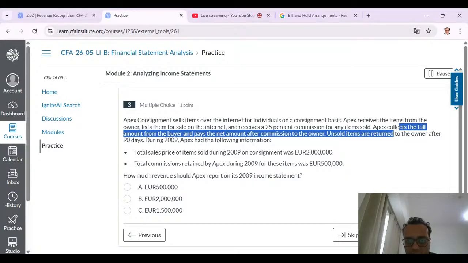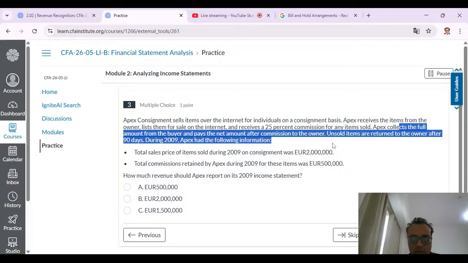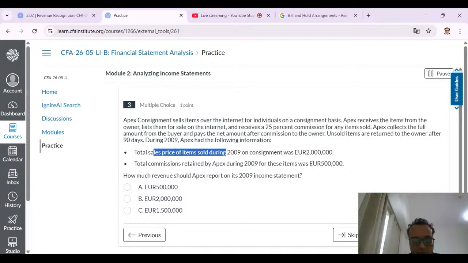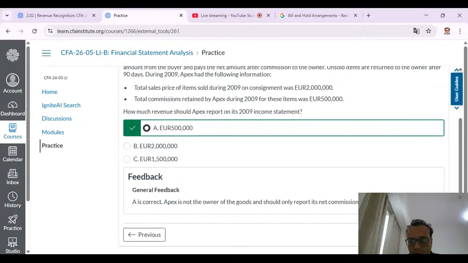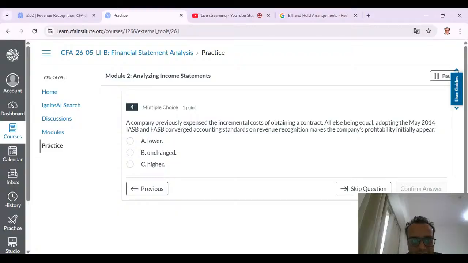Unsold items are returned to the owner after 90 days. During 2009, Apex had the following information. Sale price of items sold on consignment was 2 million. The commissions retained was 500,000. It will record 500,000 because you don't have the right and obligation to earn the full amount, you are an agent.